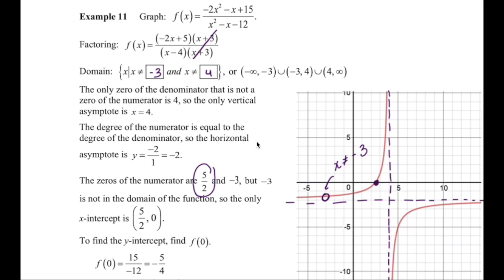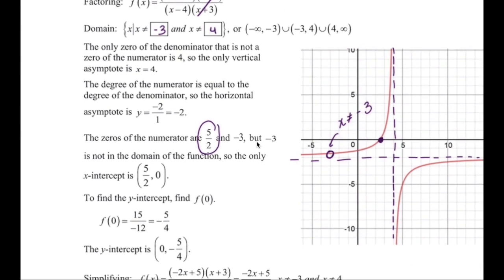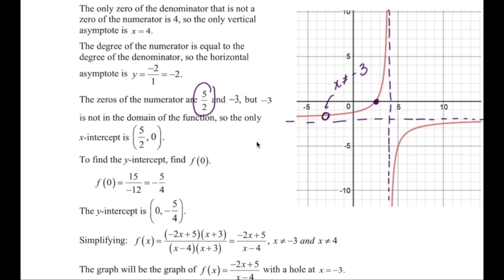And negative 3, but we've already decided that negative 3 is not in the domain, so we can ignore that one. We can find the y-intercept by substituting x for 0, and when we do, we have 0, negative 5/4. So here's our y-intercept.